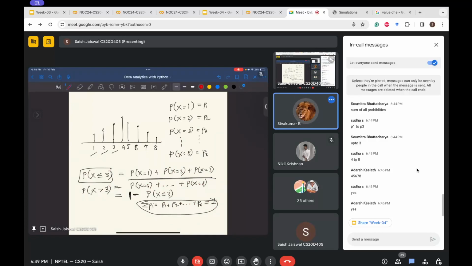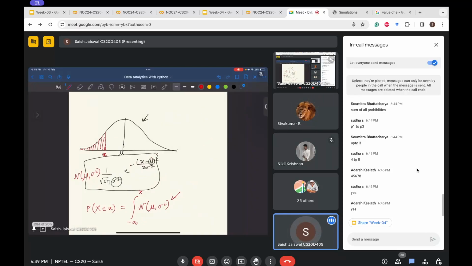Yeah, it's like cumulative, you are accumulating till that point. So whenever you see CDF, it's actually cumulative. In the case of discrete, you simply sum it up, and in the case of continuous distribution, you take the integral till that point.